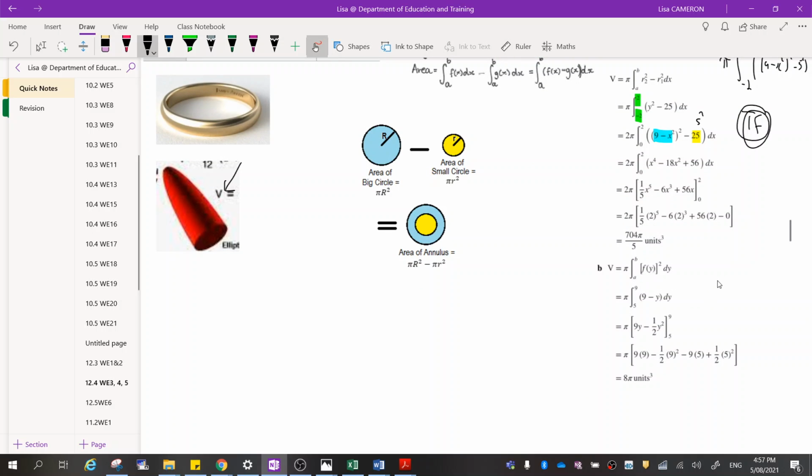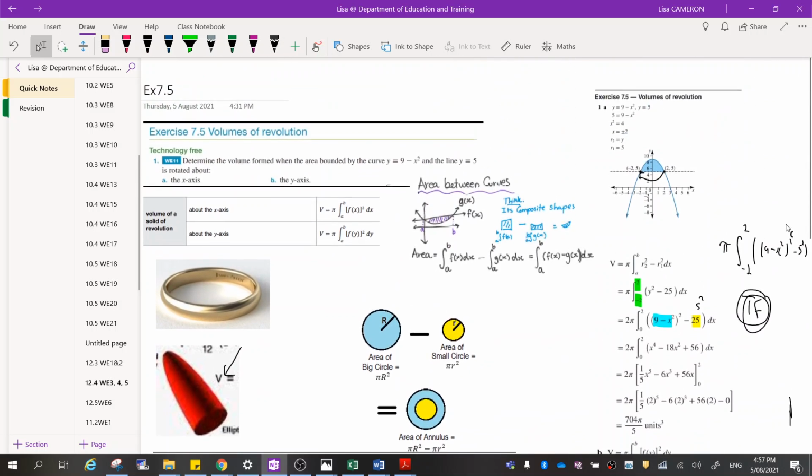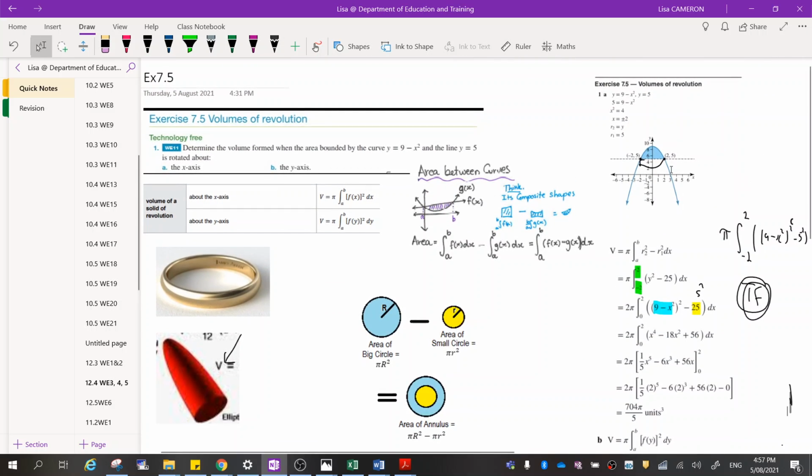Again, we would be looking at what's on the y-axis. On our y-axis up here, you can see that it goes between 5 all the way up to 9, and it's rotating around there. So I'd solve to find those intercept points to spin it around. But really, that's the hardest thing that you have to do here.